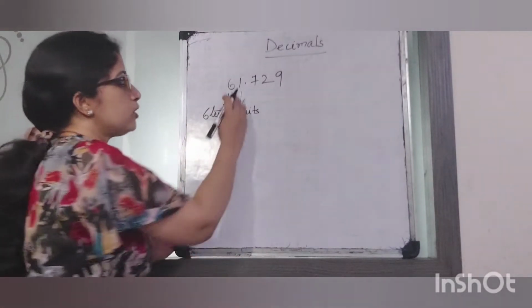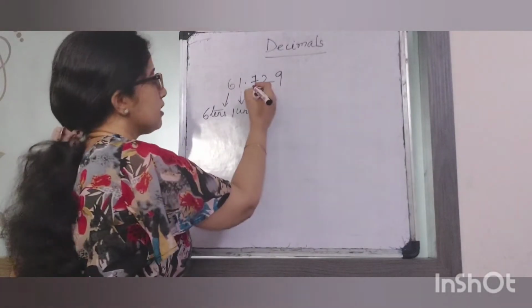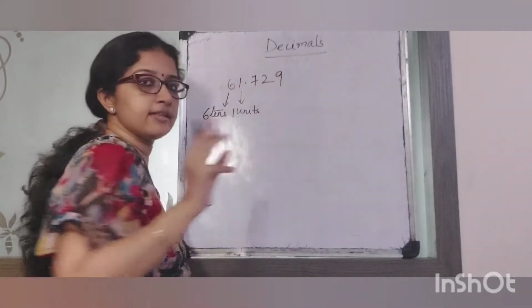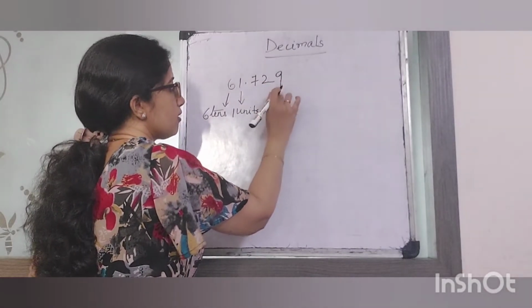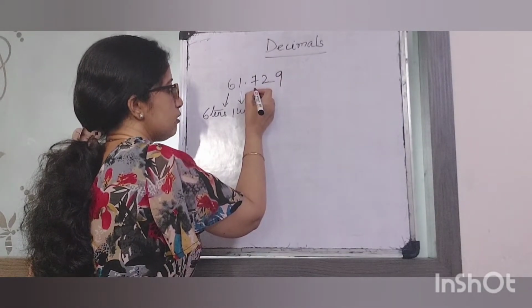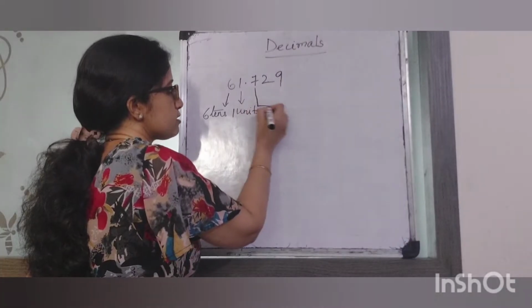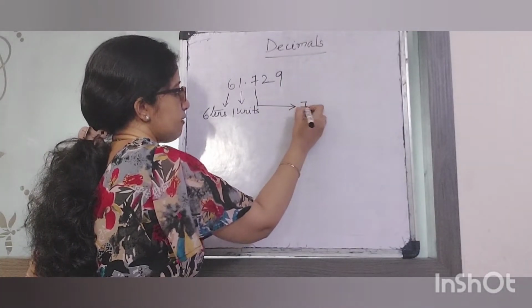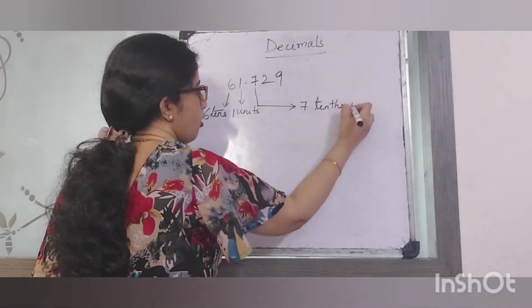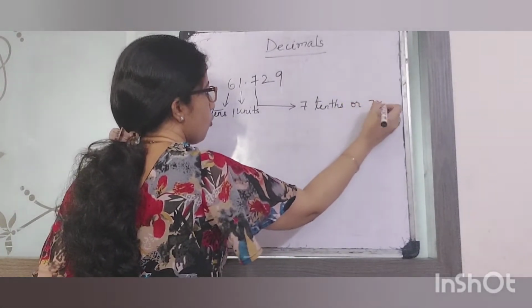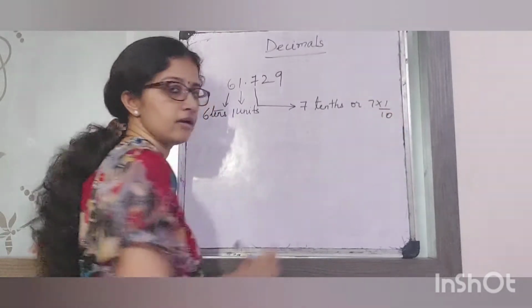Okay? If we come to the right side of this point, 7, 2, 9, there are 3 digits. And what is the place value of this 9 here? Or let's take from here, what is the place value of this 7 here? Place value of 7 is 7 tenths, or 7 into 1 by 10.